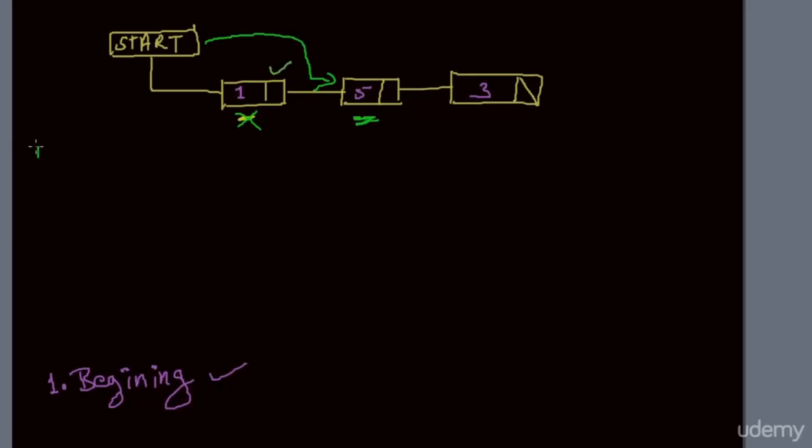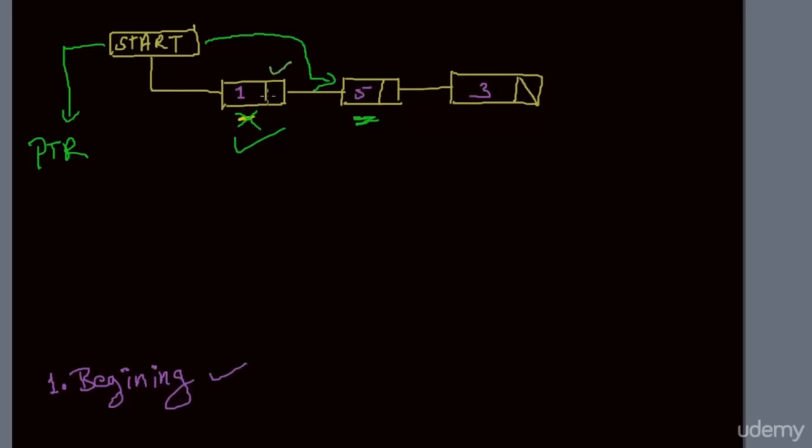First would be to take a temporary variable, for example ptr. In this temporary variable we will copy start. Why will we copy start? Because we would require the address which is currently in start to delete, or in other words to free up the memory allocated by the node with data 1. Simple enough.